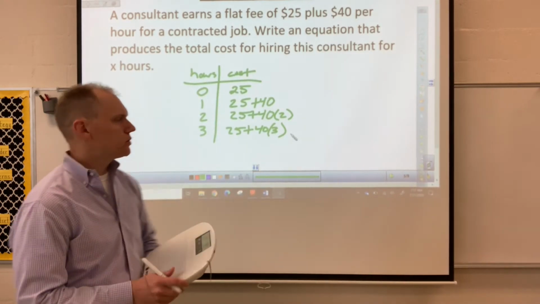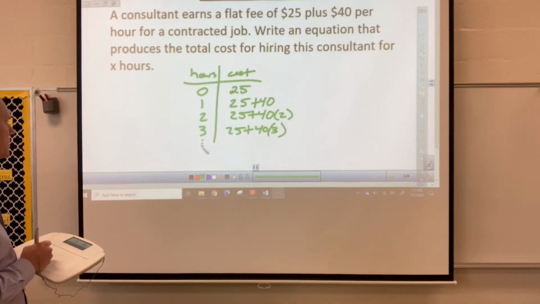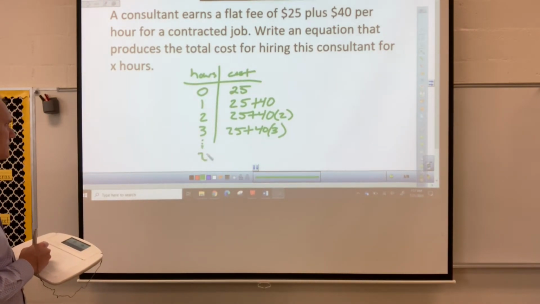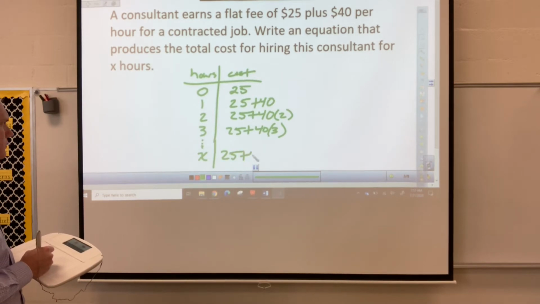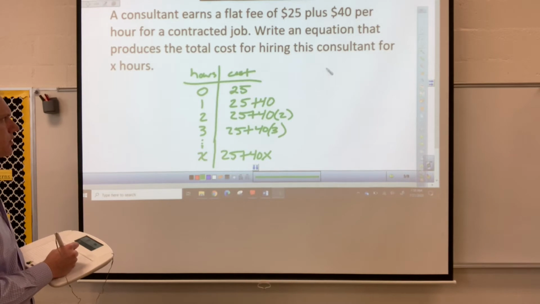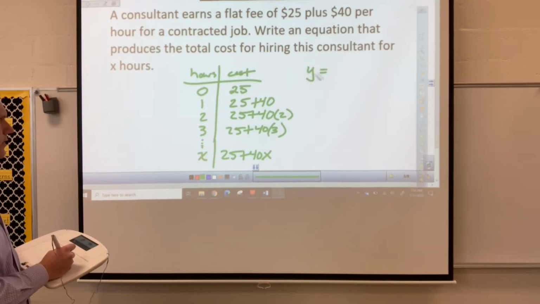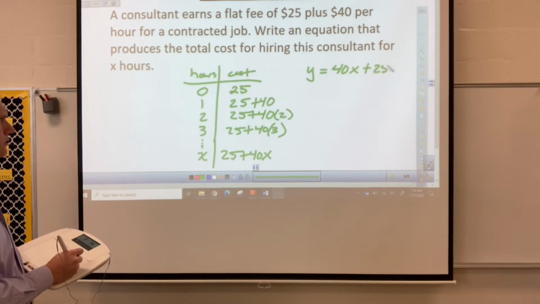And so what we can do is write this in general. Let's say we go down to the x hour. It'd be 25 plus 40 times x, or 40x. So in general, our formula here, where y is the total cost and x is the number of hours, would be y equals, and I'm going to switch the order here, 40x plus 25.